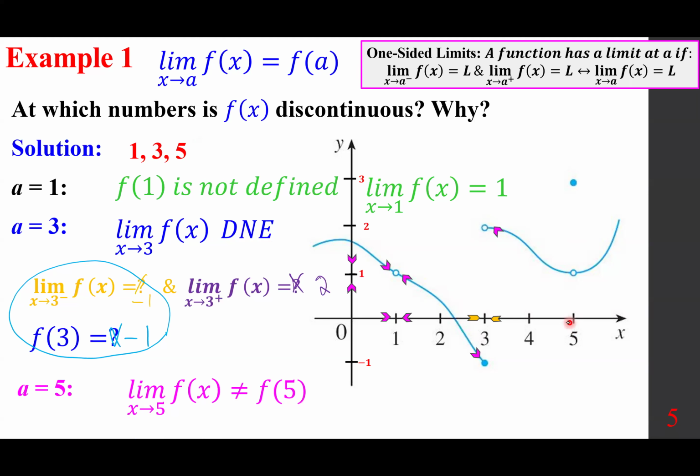Well, let's approach 5 from the left and right, which means we are moving this way and that way. From the left, from the right, and in both cases, we are moving towards this hole with a y coordinate of 1. So this limit equals 1.